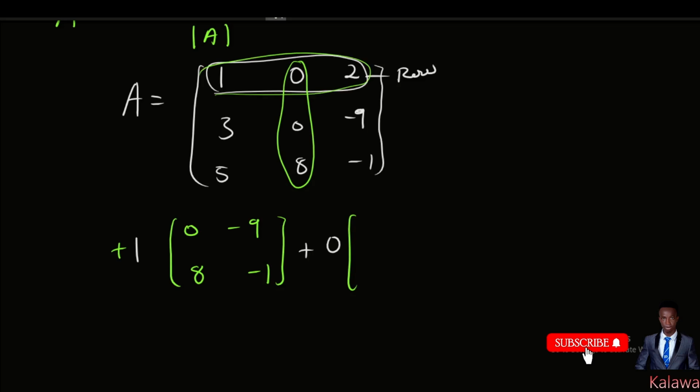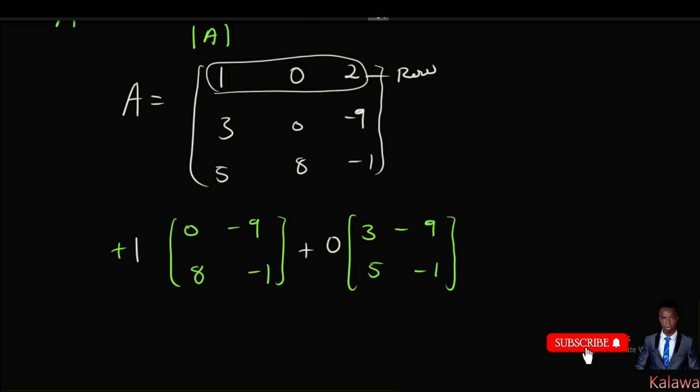So what is left out is now 3, minus 9, 5, and so on. Then we move on to 2, and this is supposed to be negative.